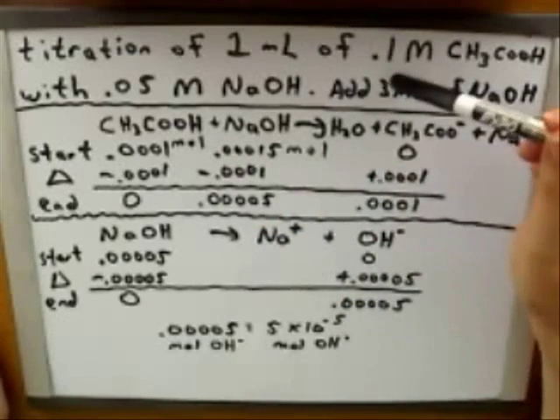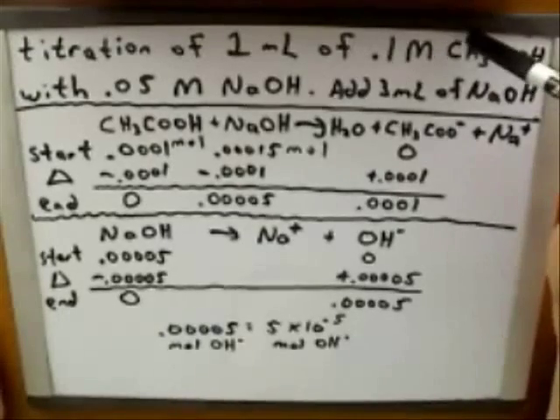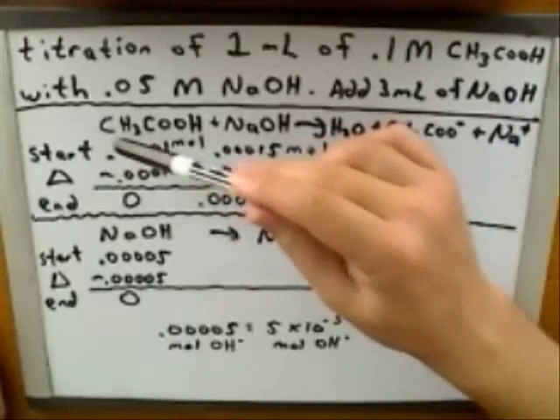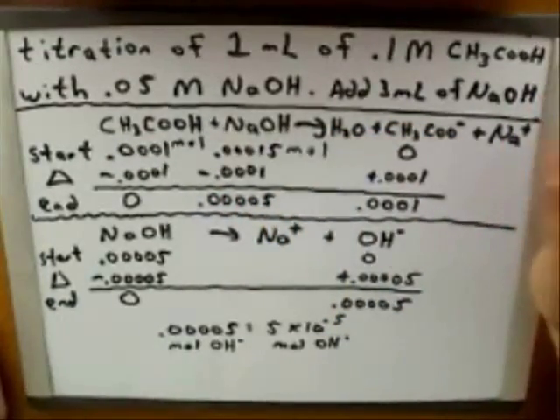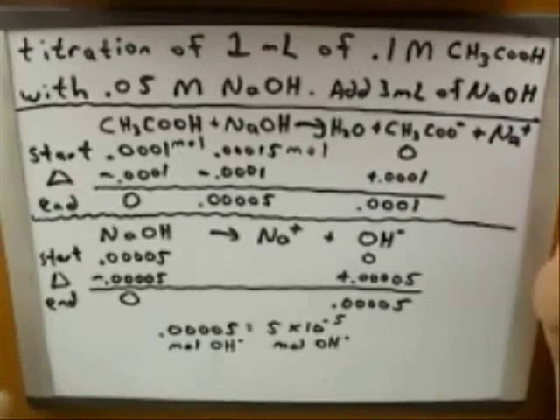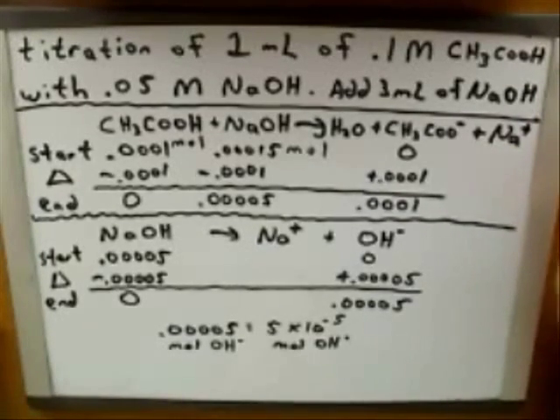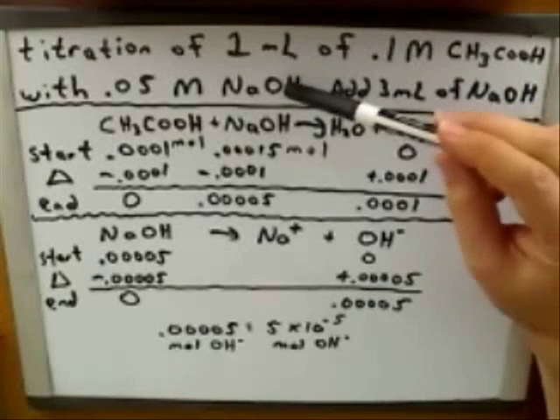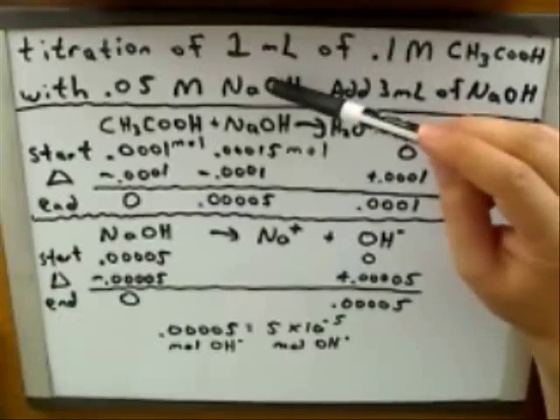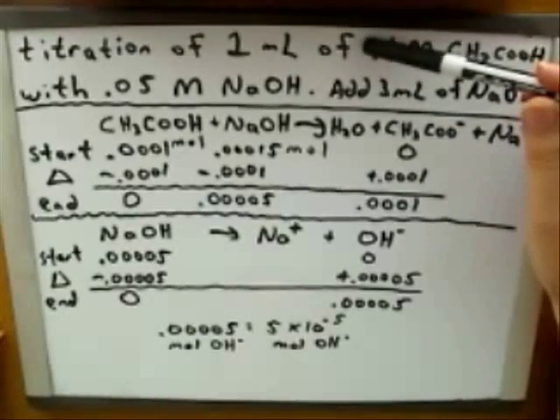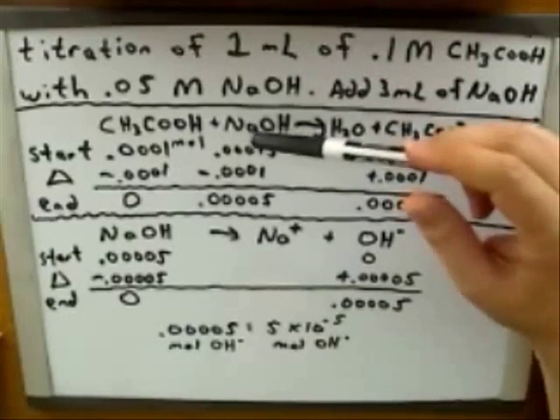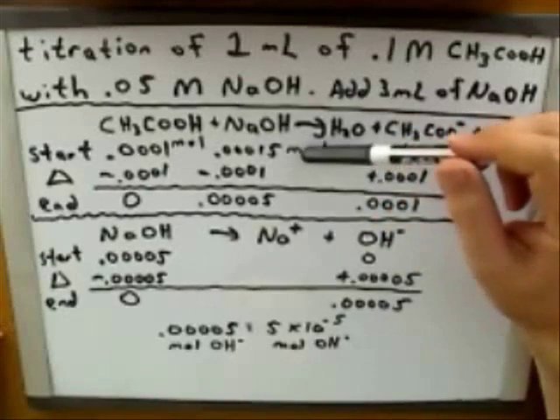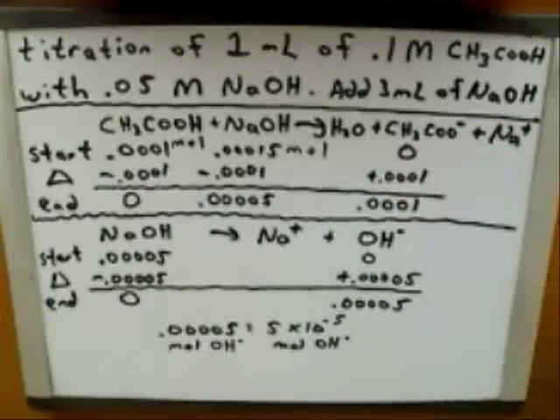But then after we added this other solution, the number of moles of acetic acid didn't change. It was still 0.0001 moles of acetic acid, because that's just counting basically the number of molecules of acetic acid that there are. And similarly, the number of moles of sodium hydroxide didn't change when we combined the sodium hydroxide solution with the acid solution. So it was more convenient in this table to work in terms of moles, and this table was also in terms of moles.